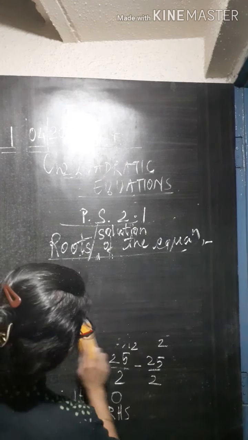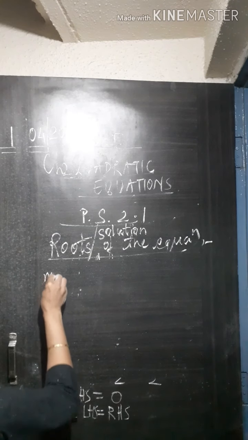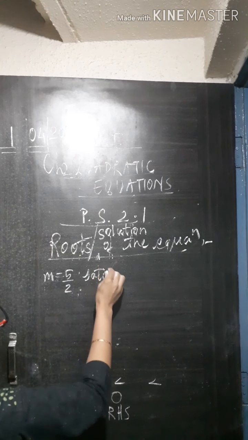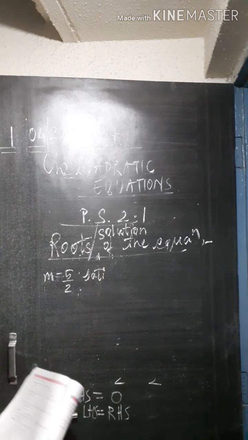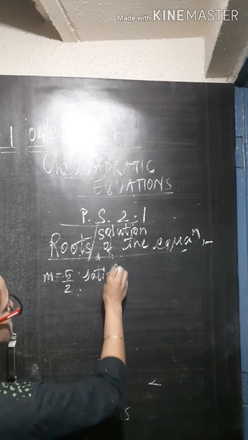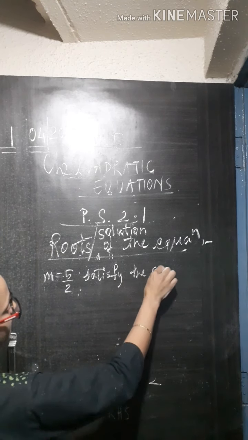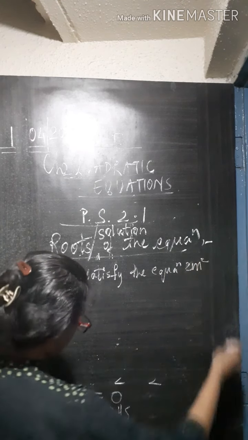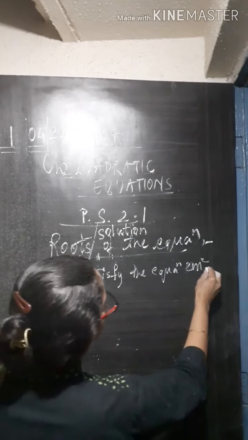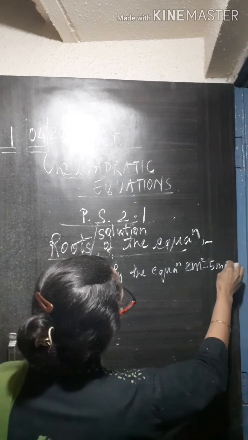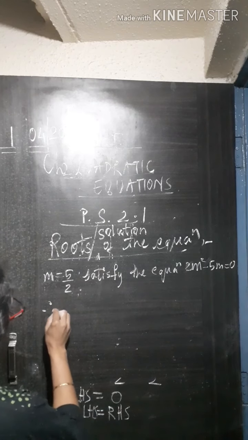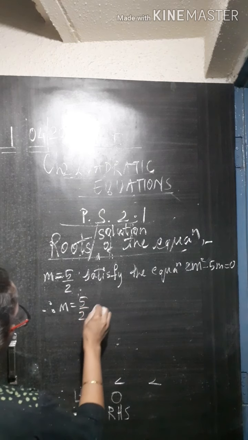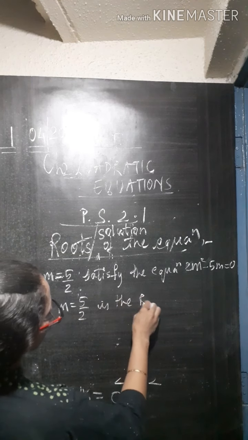That, right, m is equal to 5 upon 2 satisfies the equation. Right, what we are going to write down, m is equal to 5 upon 2 satisfies the equation 2m square minus 5m is equal to 0, and therefore m is equal to 5 upon 2 is the, what is the word we write?